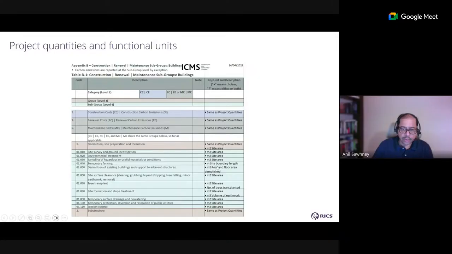So these are meters, the length of the site boundary. These are the functional units that are provided in ICMS. So you can see that in terms of dollars per square meter of site area, but you can then also see kilograms carbon dioxide equivalent per square meter of site area. So everyone is now using the same functional equivalent, the same unit. So benchmarking, comparison, and baselining becomes much easier.